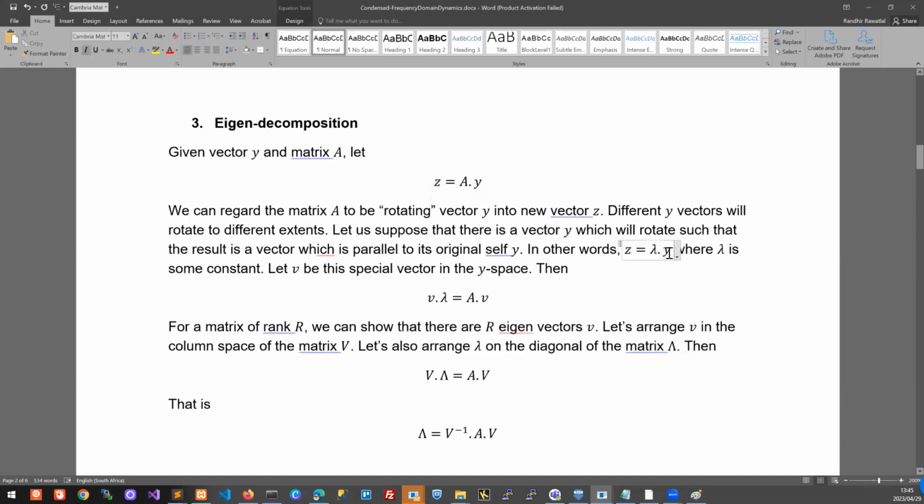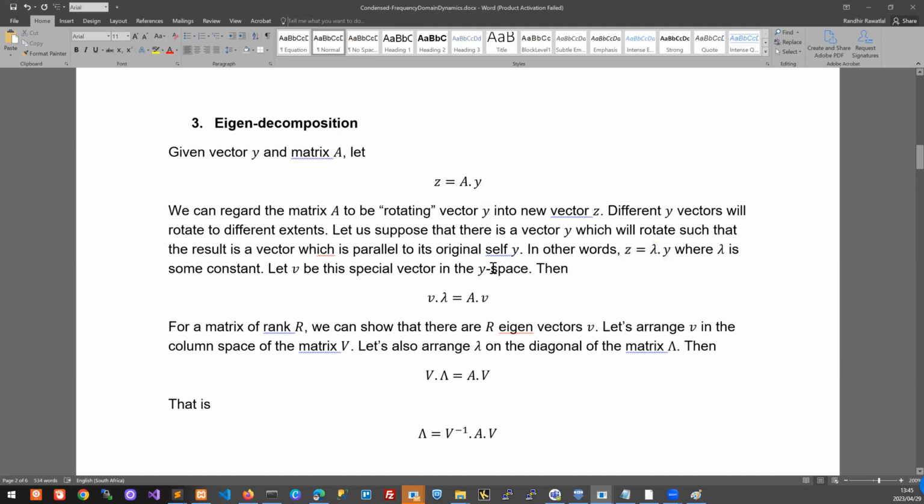So we are saying there are some special vectors where we can get the result by multiplying by a constant. In other words, the result is parallel to the original vector. Those special vectors we call eigenvectors.